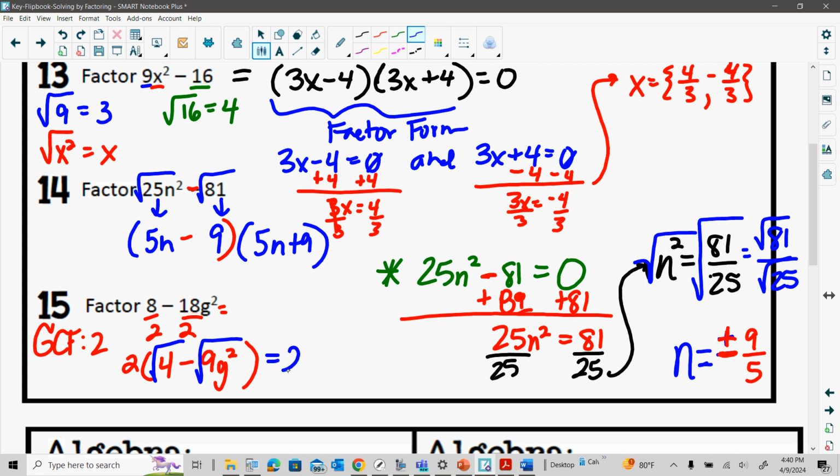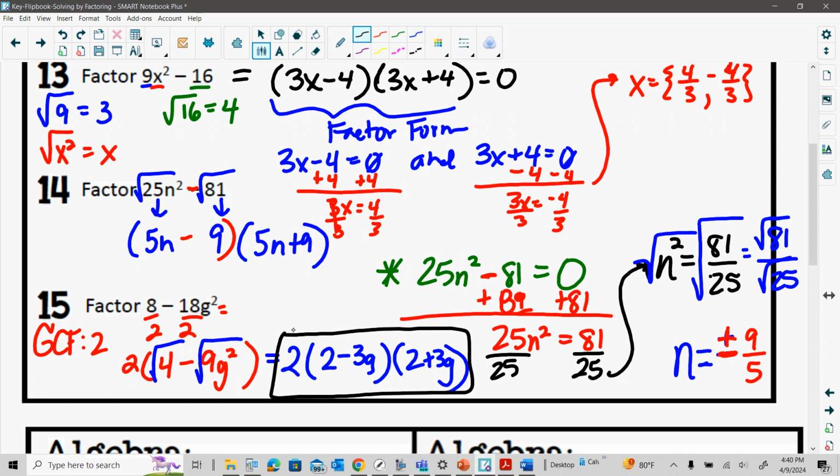So this would end up being 2 minus 3g and 2 plus 3g. And that would be the factor form, okay? If I solve each form, I'll just need to make it equal to 0 and solve for g.